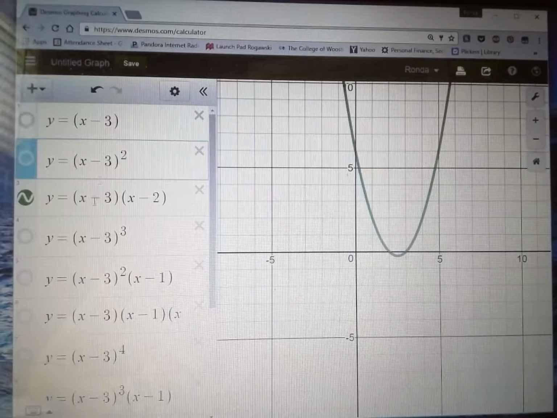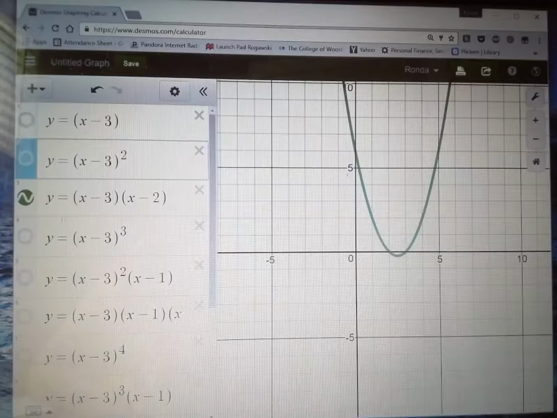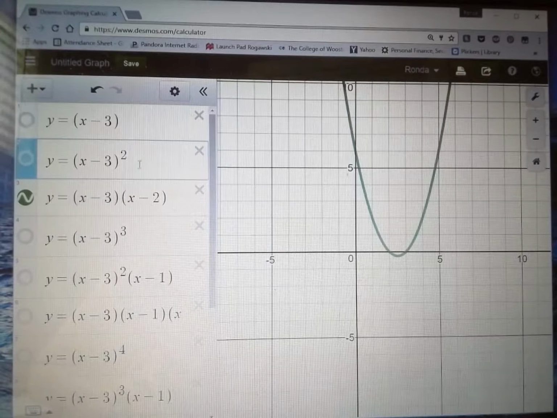I can tell still that this is a quadratic. If I multiply it out, this would be x squared minus 5x plus 6. But what I want to see is that the number of factors I have here is basically the degree. Even though this is 1, it's showing up twice, so this is 2 factors, and this also has 2 factors, making a quadratic.